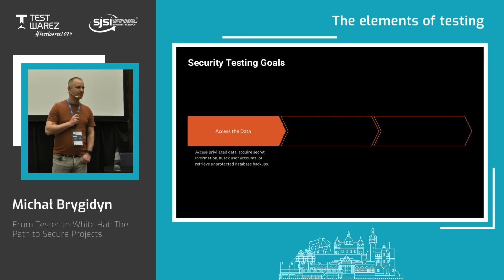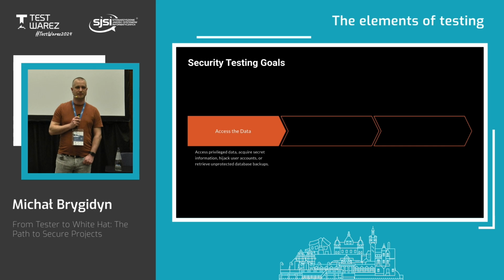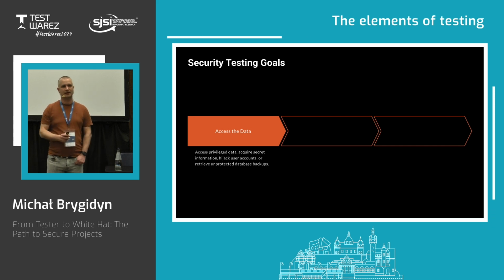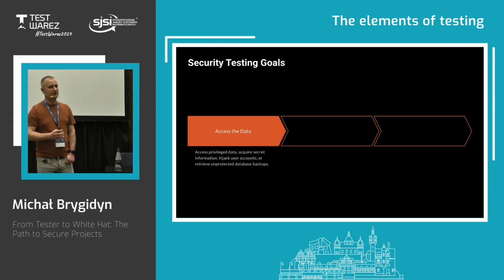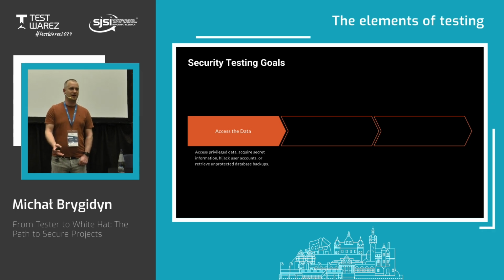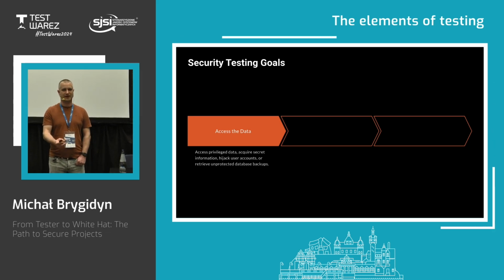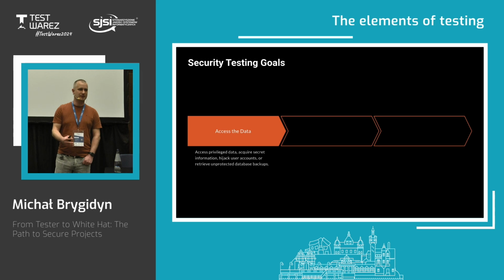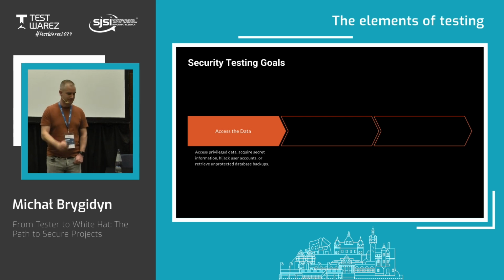First of all, we want to get the data, not our data, someone else's data. And we want to find a way to extract this data, to access it, to see, to view, to check what's there behind the wall, behind this screen saying you don't have access. But hey, if I don't have access, someone else has access. So maybe there is a way to get there and see this.